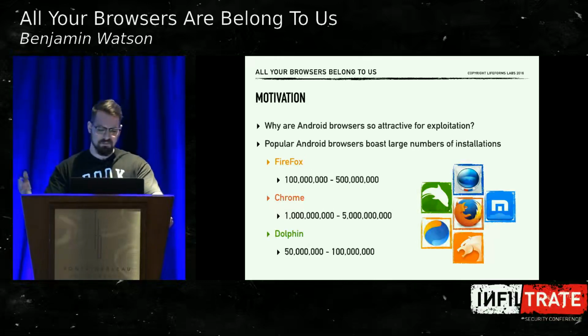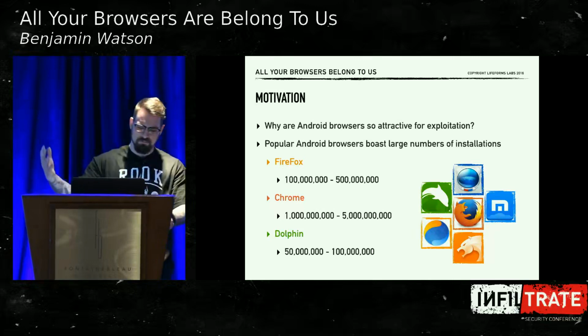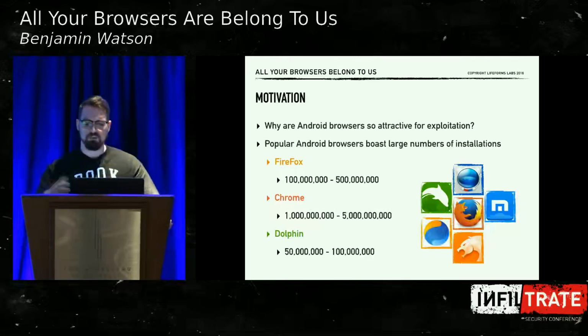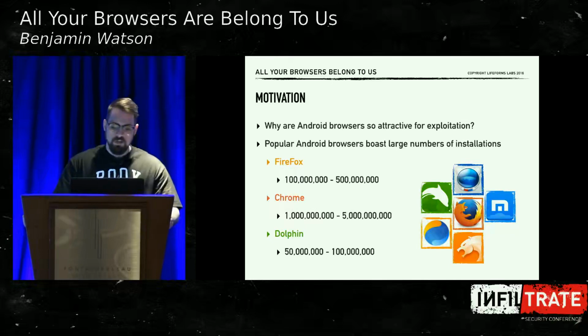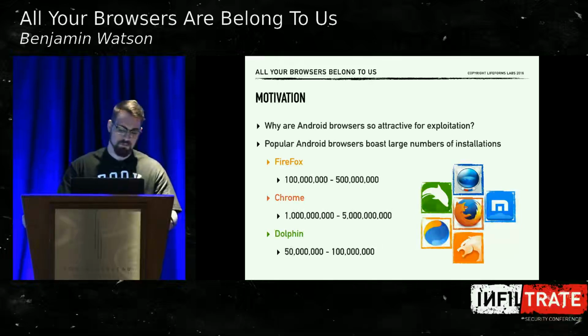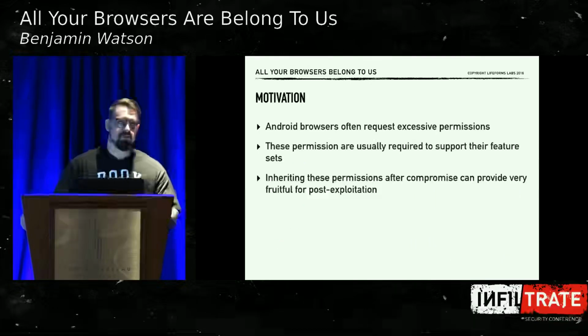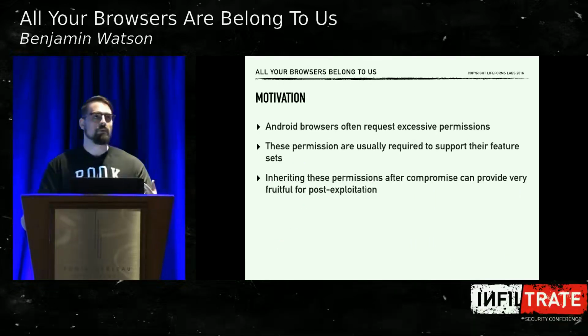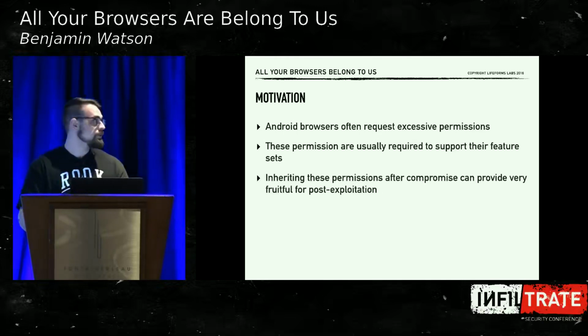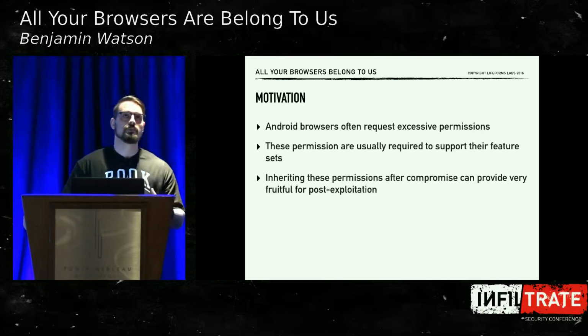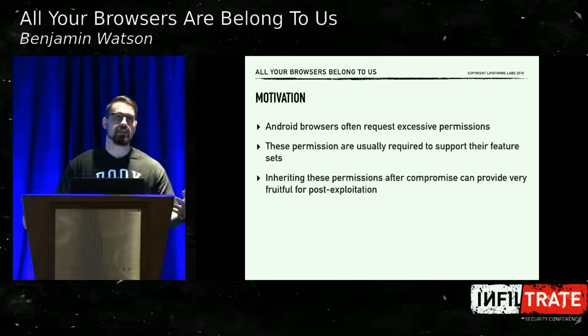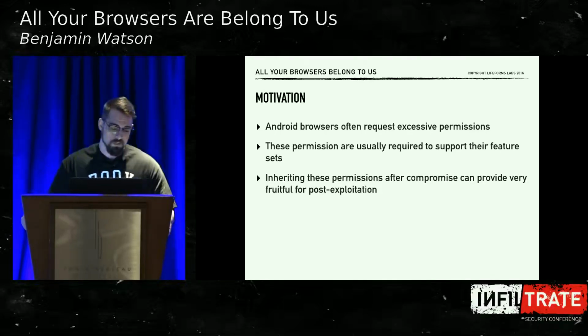Obviously you have Firefox and Chrome, and those are very popular, not just on Android, but cross-platform. But the Dolphin browser, which could be considered an alternative to Firefox or Chrome, also boasts some pretty significant numbers. My idea was, if I find some type of code execution bug in a popular browser, then the impact to that user base is pretty good.